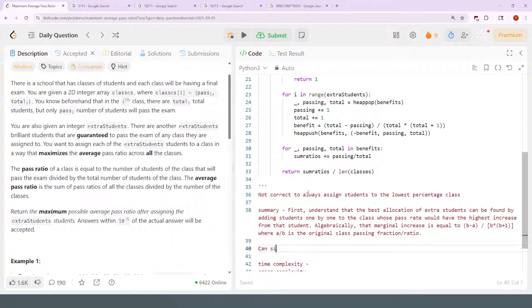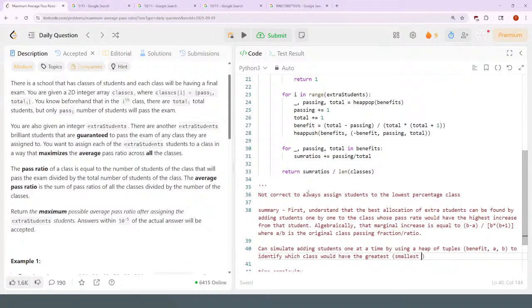So we can simulate adding students one at a time by using a heap of tuples, benefit, a, b, to identify which class would have the greatest, kind of smallest, well, in this case it'd be negative benefit, greatest, in this case it'd be smallest, negative benefit, increase for an extra student.